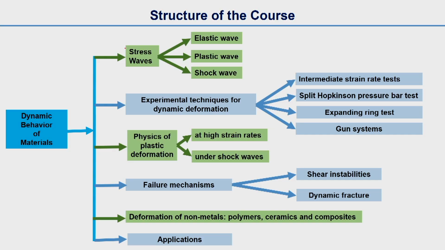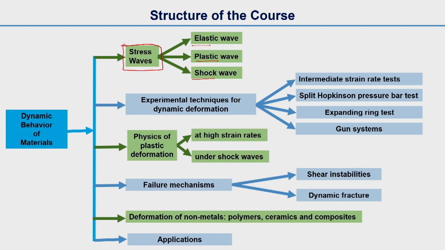dynamic deformation mechanisms and quasi-static deformation mechanisms, how they are different, what is the difference in the failure mechanisms, and what is material strain rate sensitivity. Then we will talk about stress waves: elastic waves, plastic waves, and shock waves.